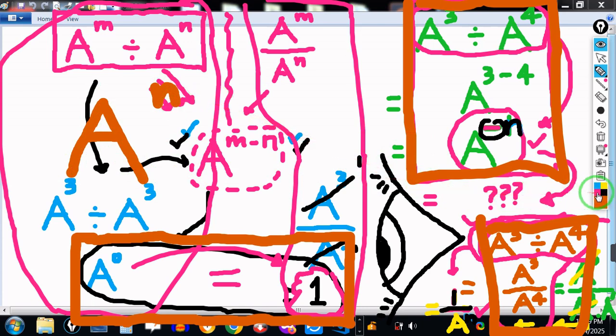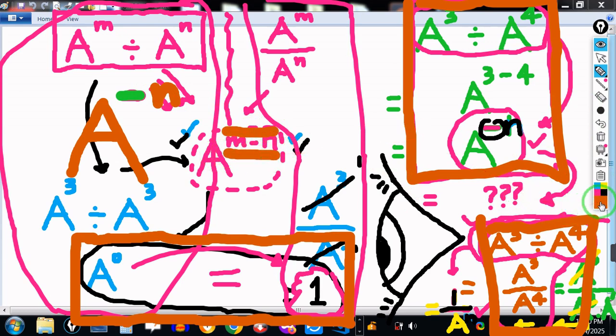I'm going to put there a negative power. Because the pink color is already there, I'm going to go for the green color. Good. Go back to this color.